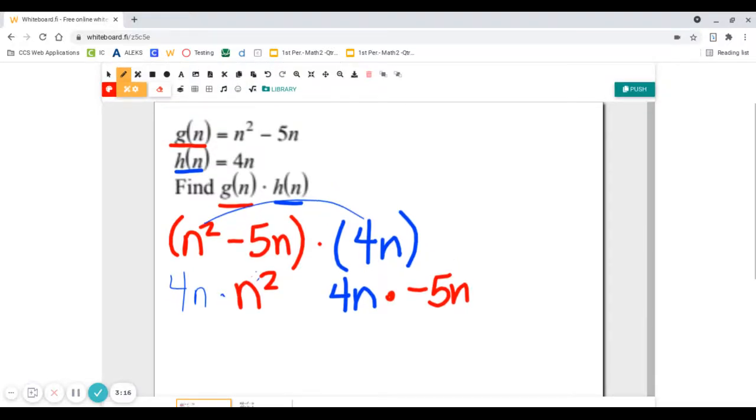So when we multiply 4n times n squared, go back and think about our whole little McDonald's, right? Multiplying is different from adding. When we were adding up our order, we only added those like terms, and those exponents stay the same, or those sizes stay the same. If you order 2 large fries and we have 3 large fries, it didn't become any other size.